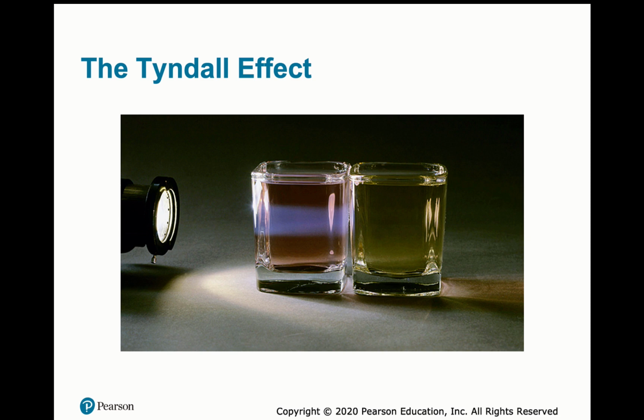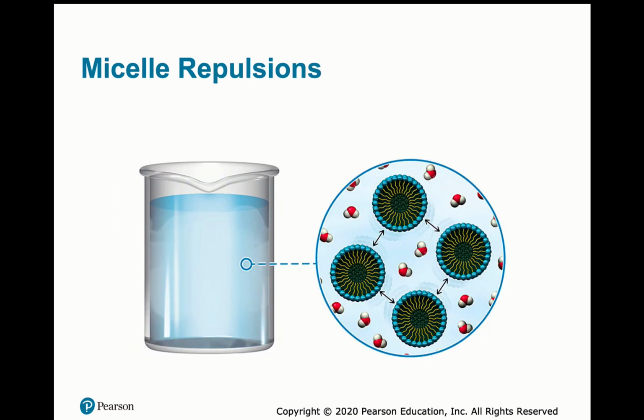If you look at this solution here, actually, the one on the left, closer to the light source, is not a solution. That's a colloid, because you have the scattering of light. The one on the right is a solution, so it has no scattering. So it's a homogeneous mixture. The other one is a heterogeneous mixture.